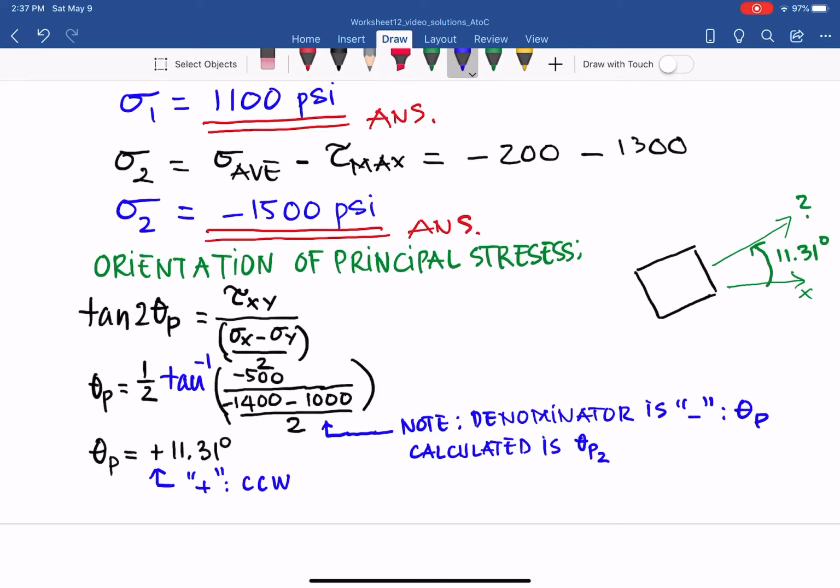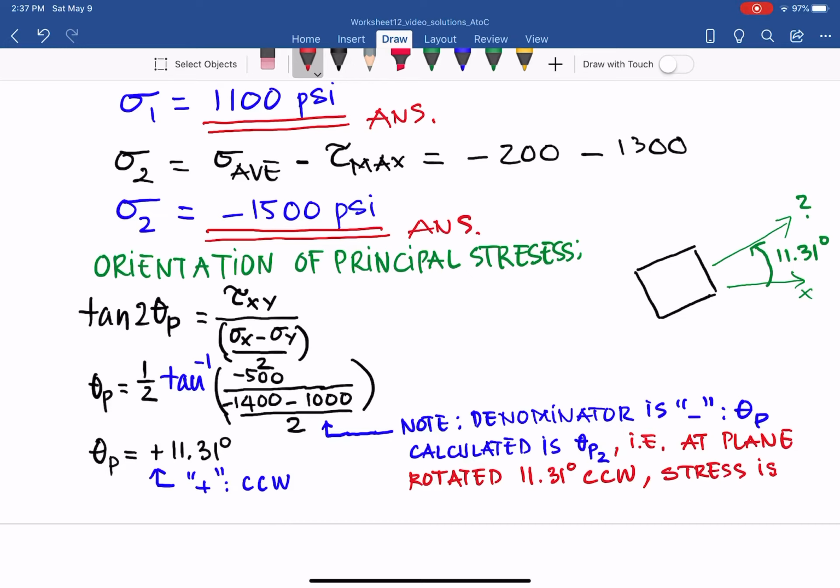It means that at the plane rotated 11.31 degrees counterclockwise from the original x-axis, we have the stress sigma 2.